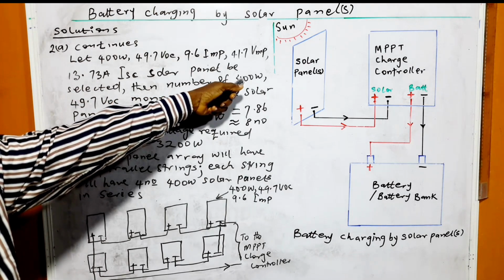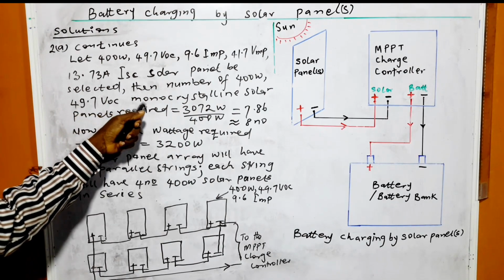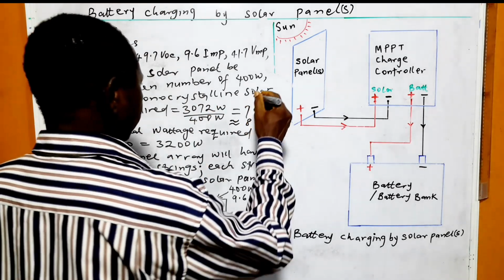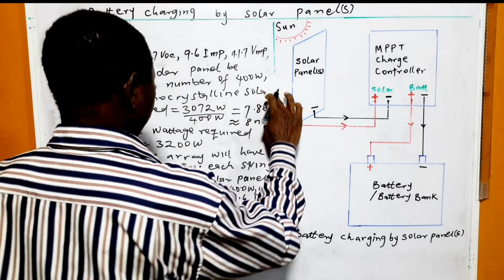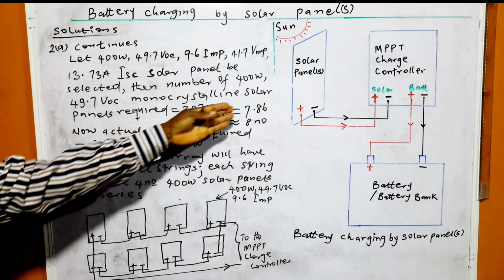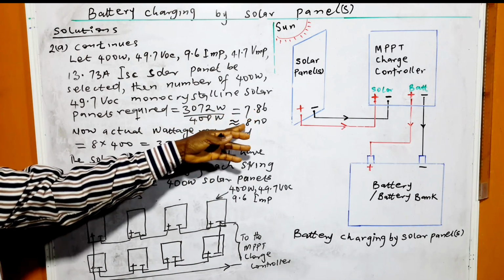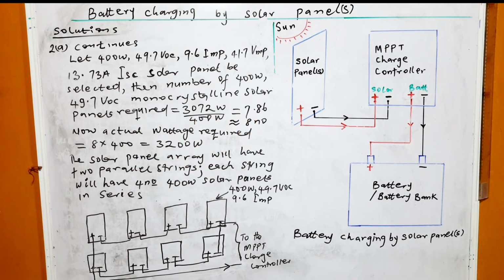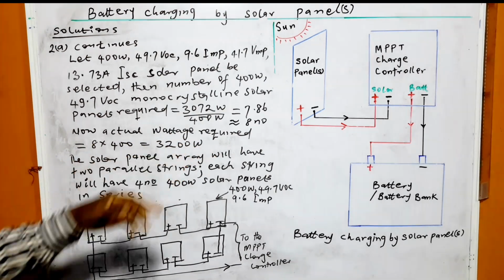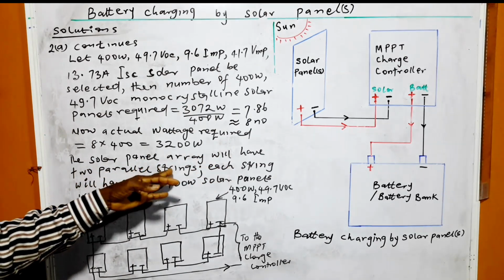Then the number of 400 watt, 49.7 VOC monocrystalline solar panels required is equal to this, 7.86, which is approximately 8. Now the actual wattage required is equal to 8 times this. For the solar panel array, we have 2 parallel strings.